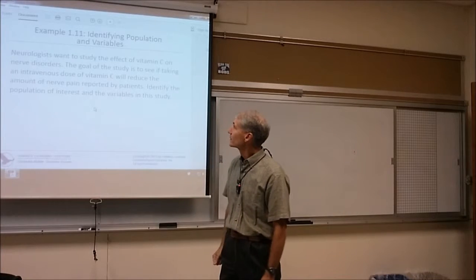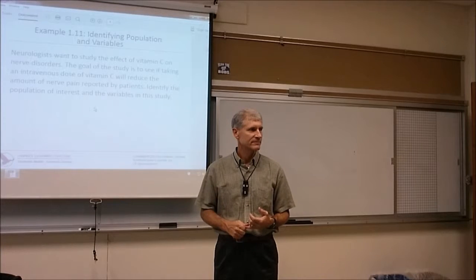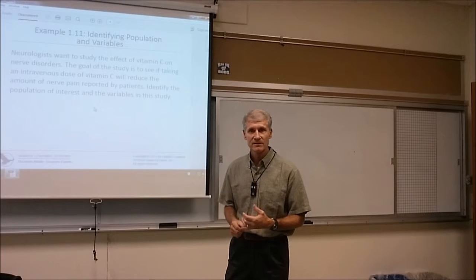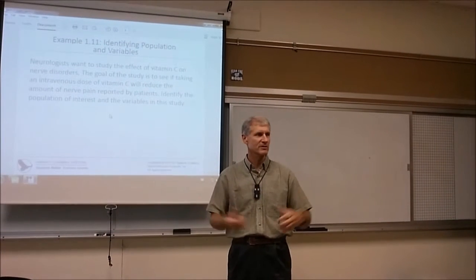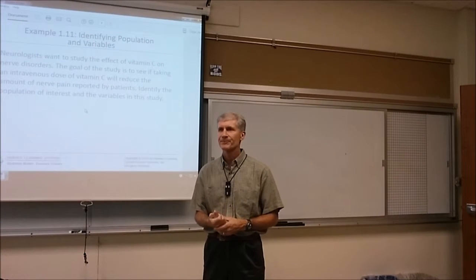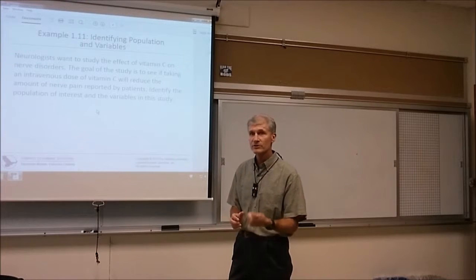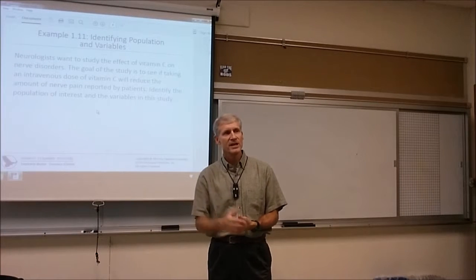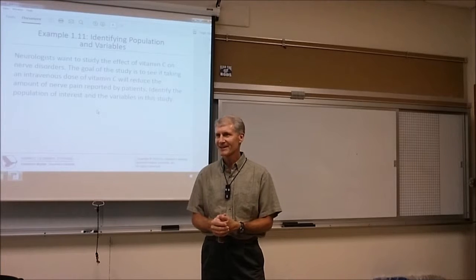So what are the variables that are important in this study? Remember what a variable is? It's a characteristic we collect that can change from subject to subject. What are the important variables here? The dose of vitamin C given. That's known as our explanatory variable. Ooh, there's a word.